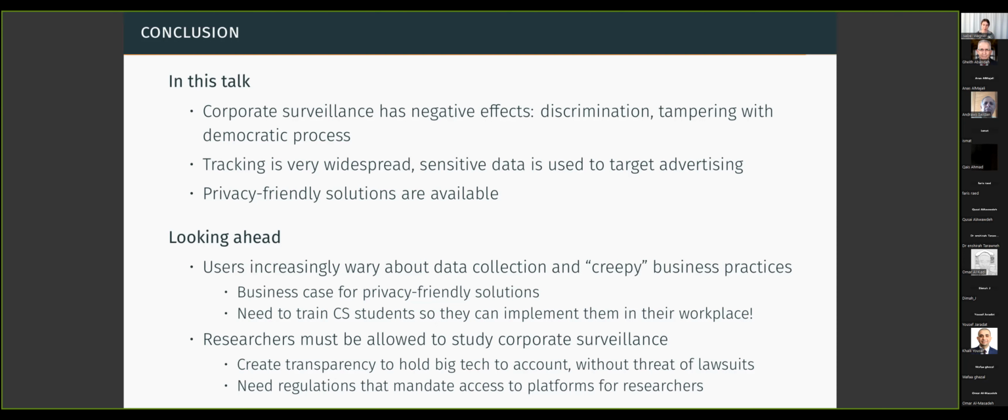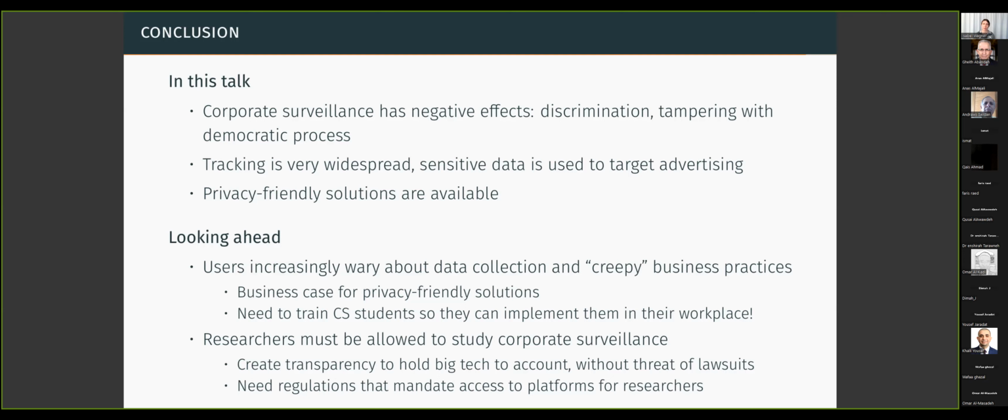The second aspect is related to transparency and the increasing obstruction by big tech to try to prevent studies of them, where the thing is that transparency is really important to hold big tech to account. And transparency that researchers can create is at a quite detailed technical level that is an important complement to anything that can be created in the legal realm.